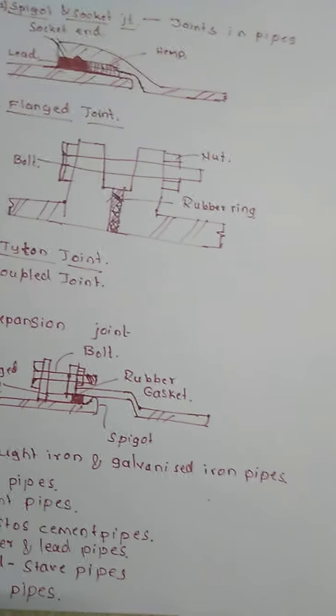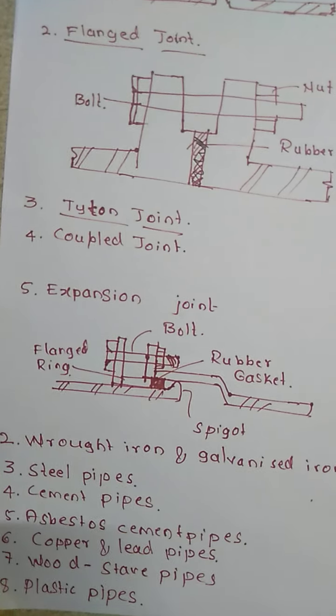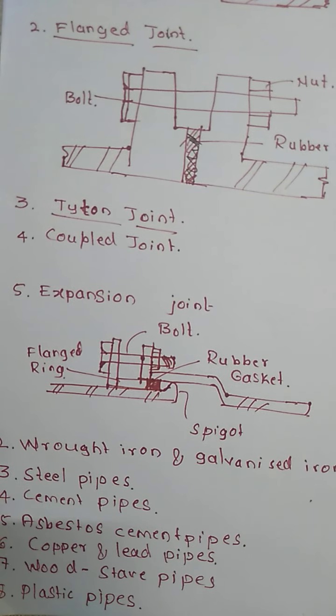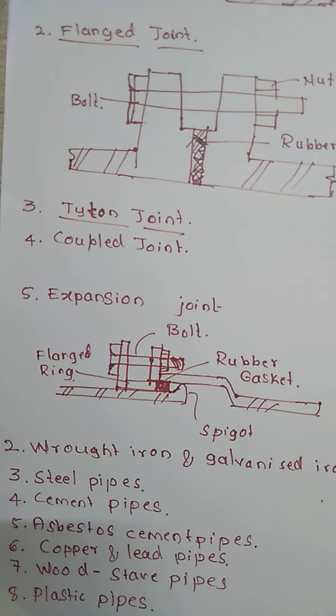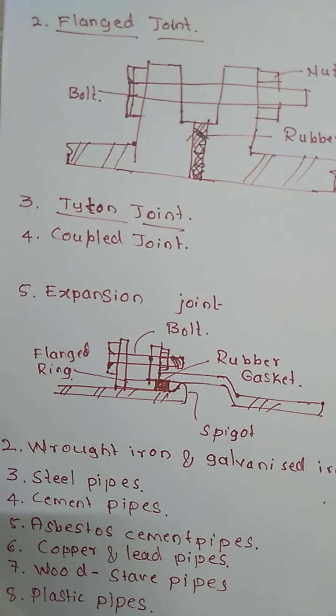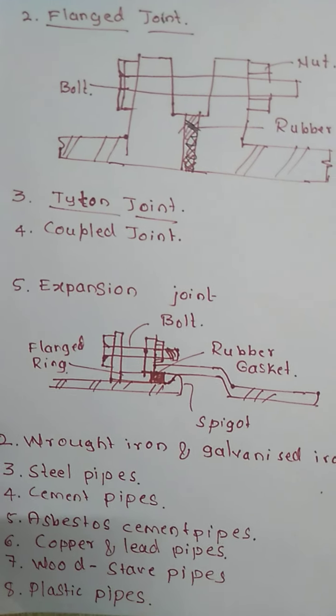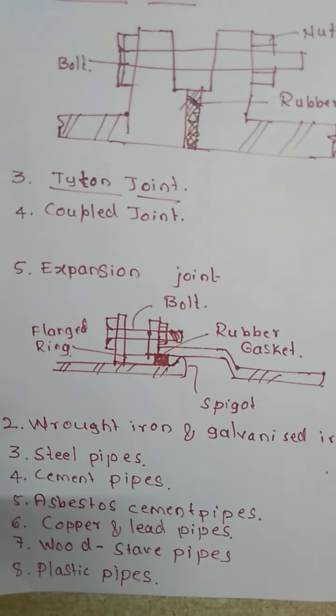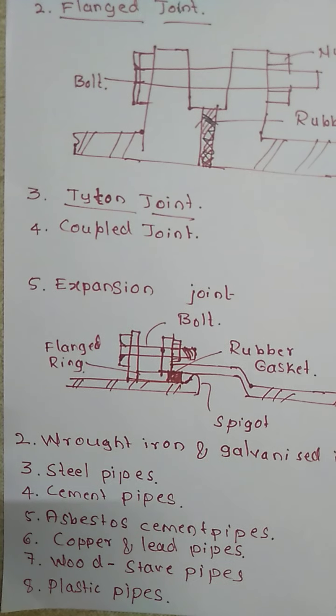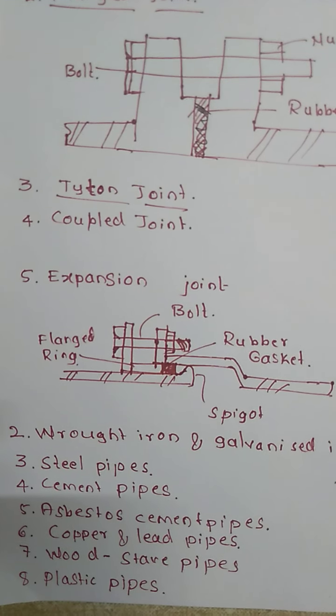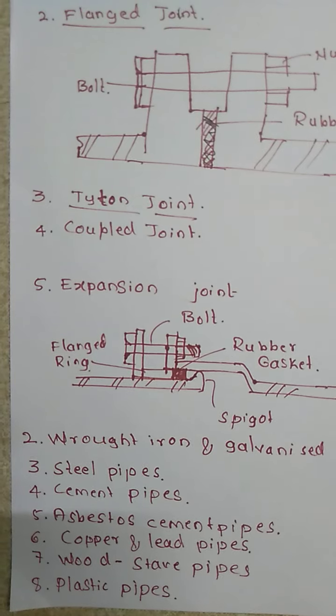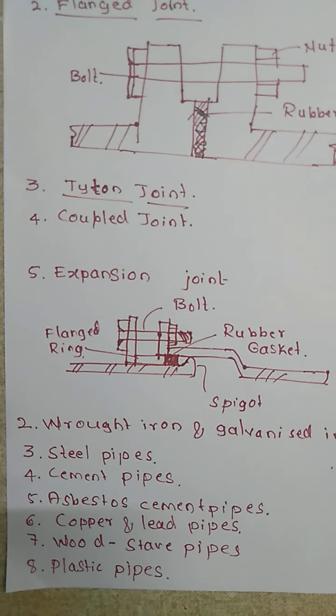Now we will see some of the advantages of these plastic pipes. As they are non-metal, they are free from corrosion, that is, corrosion resistant. They are free from freezing and thawing effect, and they are cheaper. They are resistant to acidic water.